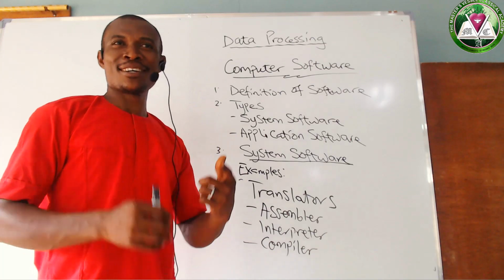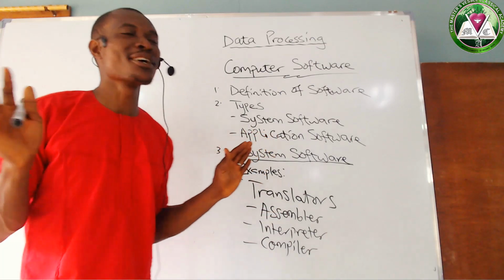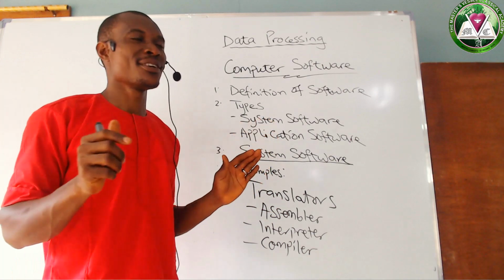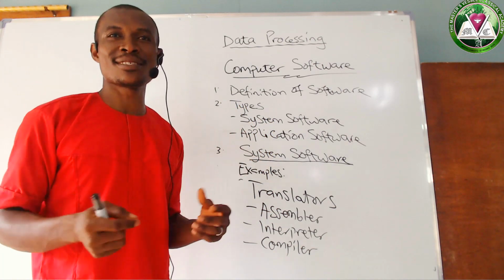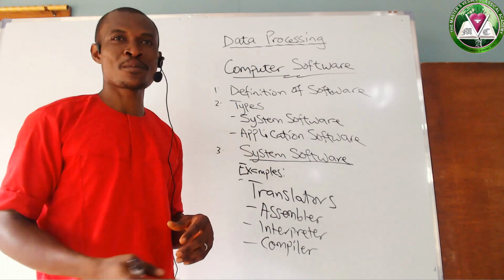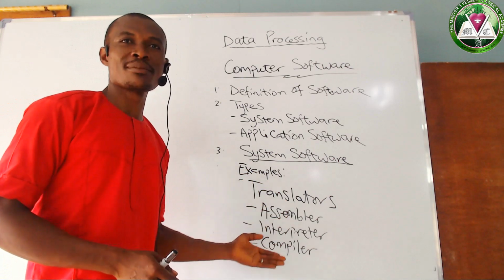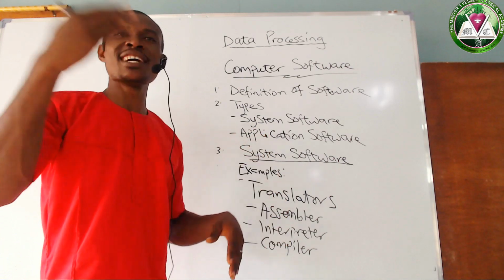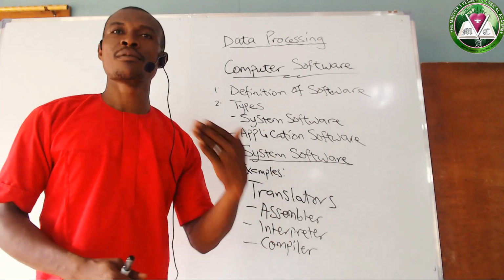And you know that computer understands only machine language. All these things I'm talking about here, the computer doesn't understand them. What the computer understands and works with are binary digits, that is zeros and ones. So the job of these programs is to translate this kind of program to machine-readable form.